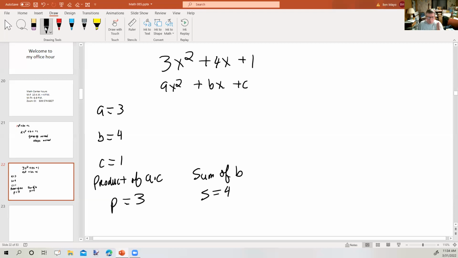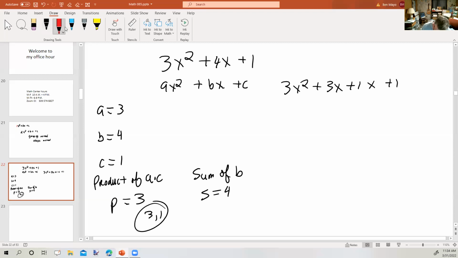So I'm looking for two numbers whose product is 3 and whose sum is 4. Well, how about the numbers 3 and 1? 3 times 1 is 3, so the product is 3. 3 plus 1 is 4, so the sum is 4. Now what I'm going to do, I'm going to take my original trinomial and I'm going to write it as 4 terms.